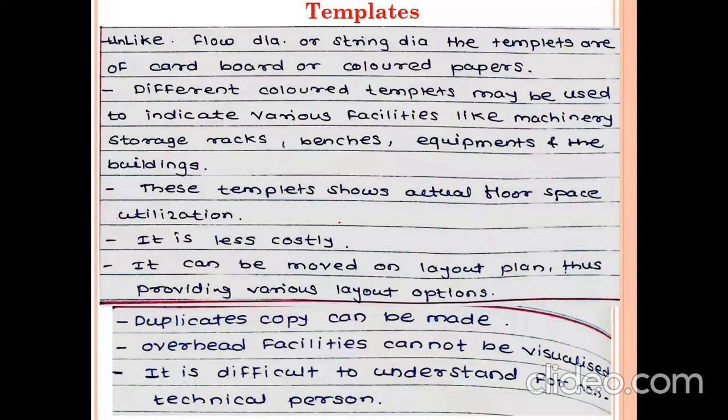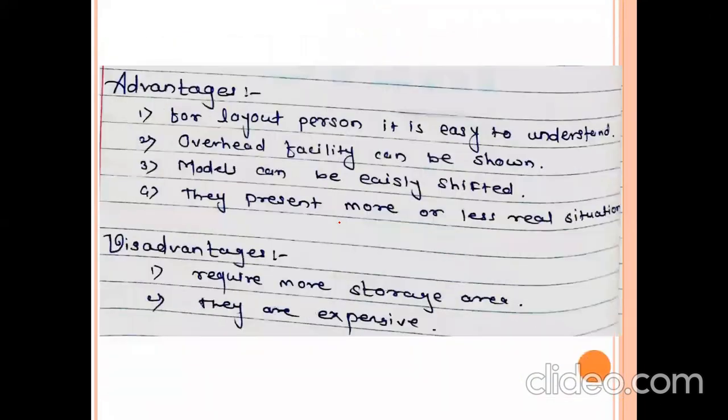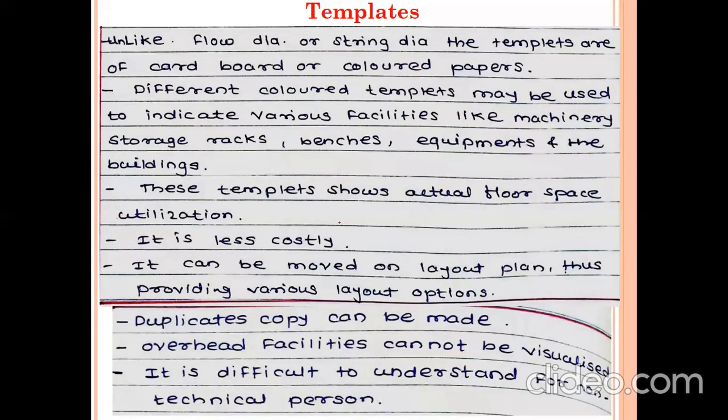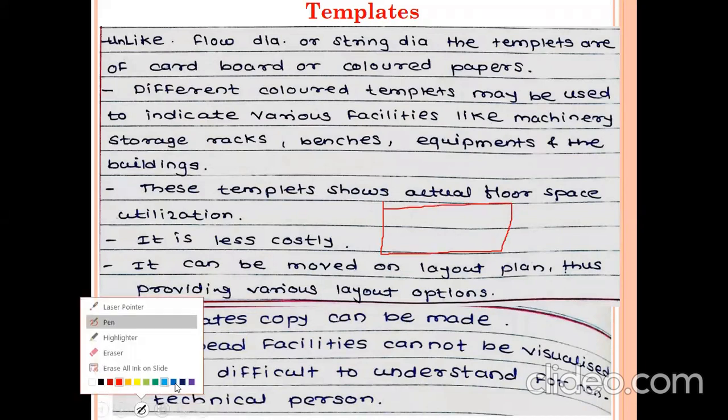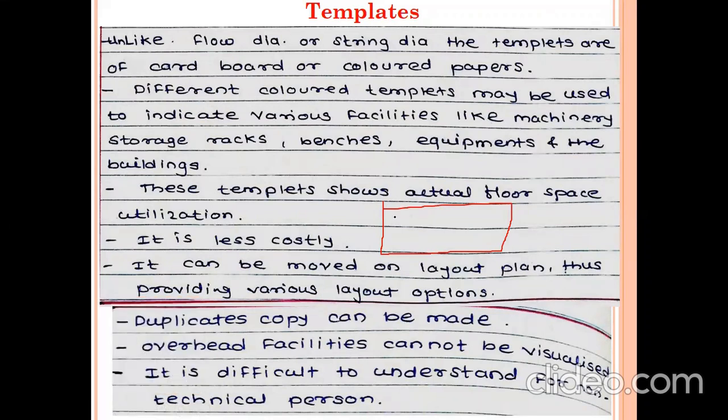So what is there in this? Let's say this is one shop floor area. I will draw here. In this shop floor area, let's say this is one department, then again this is another department.